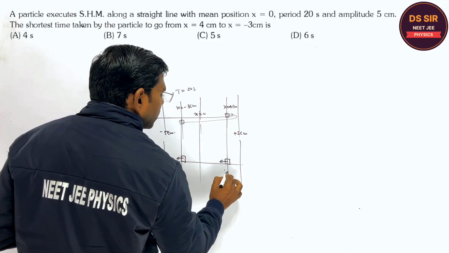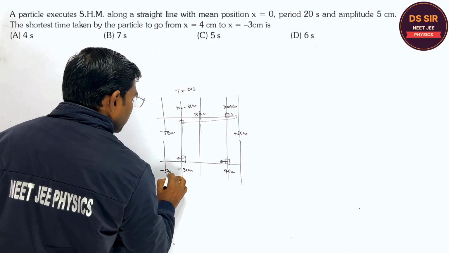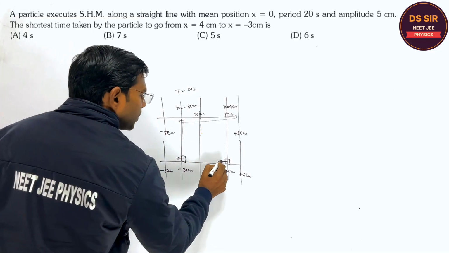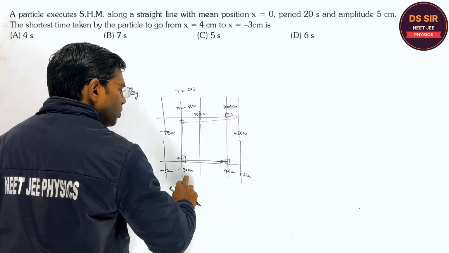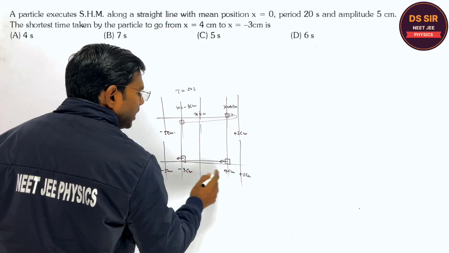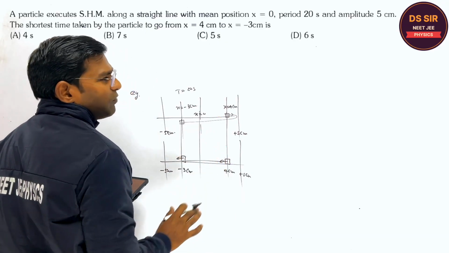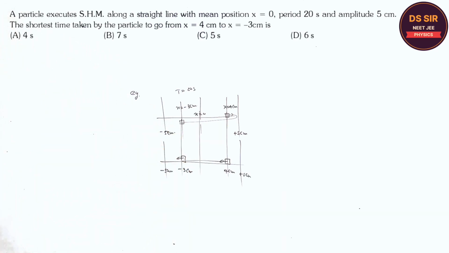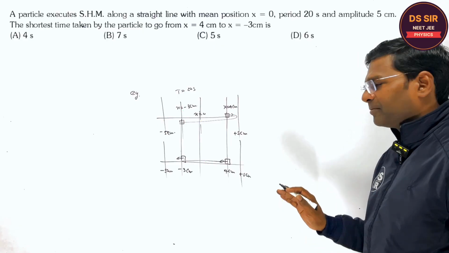Is it clear or not? This is 4 centimeter, this is minus 3 centimeter. So I think the shortest time will be this, from 4 centimeter to minus 3 centimeter. So from here to here, we have to find the time. Think about this, how to do. Copy this. So how to solve this question? How did you solve? You tell me.